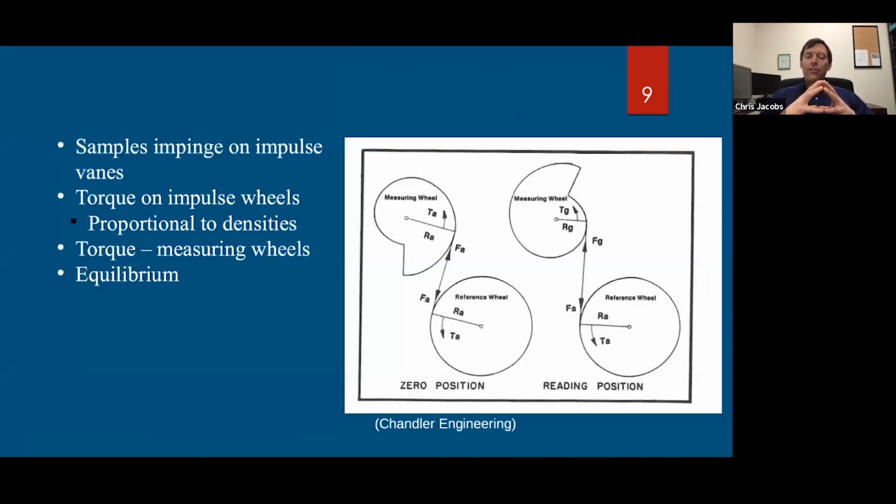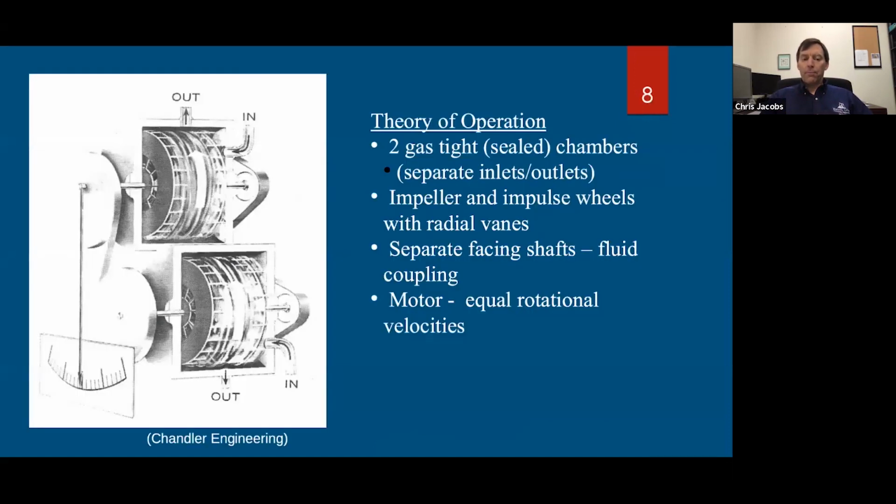So here's how we actually can use this principle to measure specific gravity. When I first turn the machine on and I have it set for the 0 position, I am pulling air through both of those airtight chambers. And as I mentioned here, the air will come through and it will turn these impellers, will pull the air through, and through that fluid coupling will impinge on these wheels.